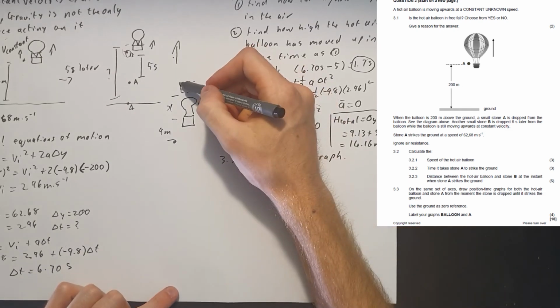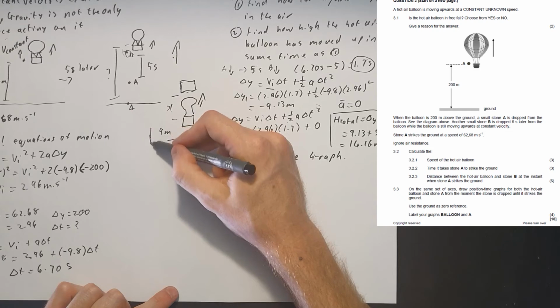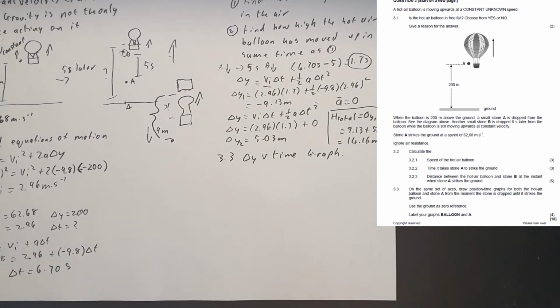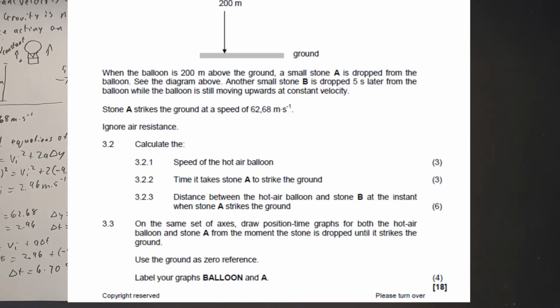So once the balloon has traveled up 1.7 seconds and the stone's traveled down 1.7 seconds, the total distance here is 14.16 meters.